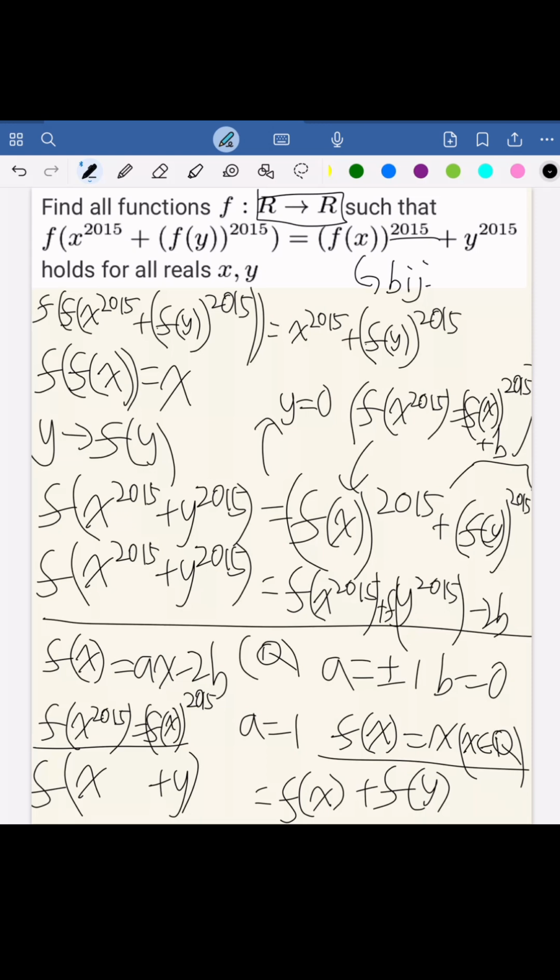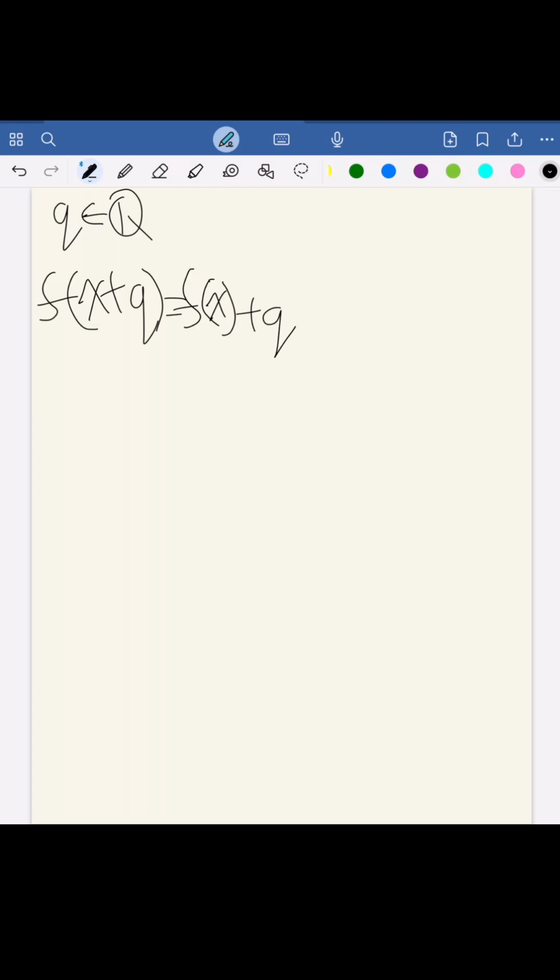And now the next thing to notice is that if q is a rational, we can see that f of x plus q is just f of x plus q, and if f of x q, it'll just become f of x times q. Not xy, my bad. X q. Good.